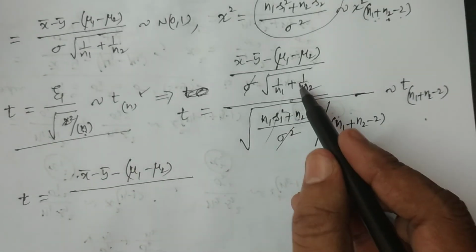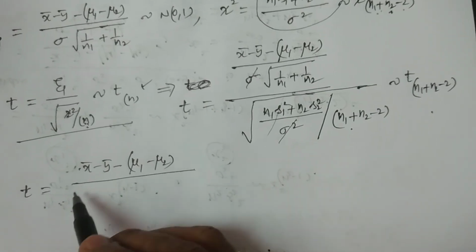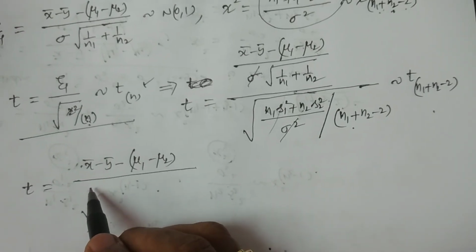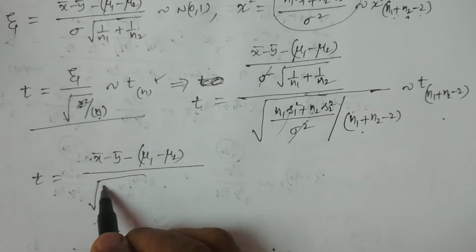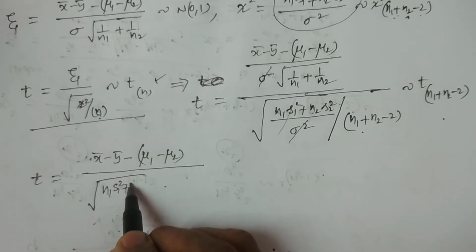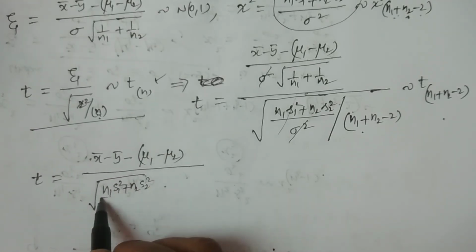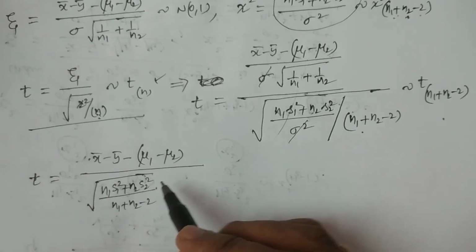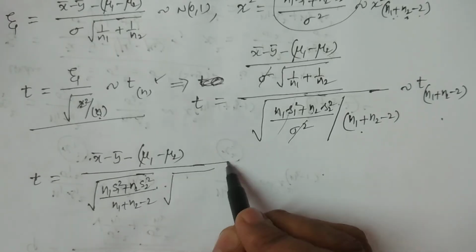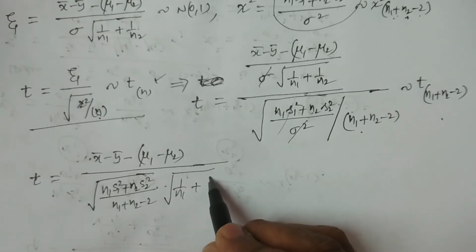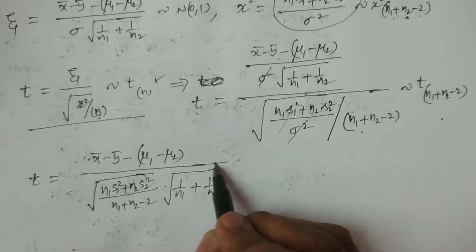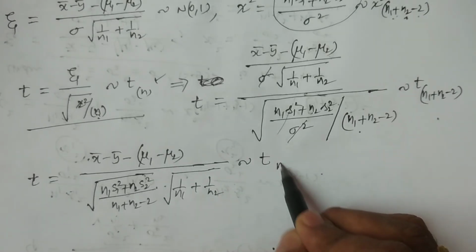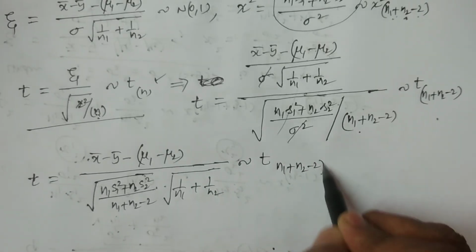I am considering a particular pattern: square root of n1 s1 square plus n2 s2 square divided by n1 plus n2 minus 2, that is one factor. Another one is square root of 1 by n1 plus 1 by n2. Clear? So this follows t with n1 plus n2 minus 2 degrees of freedom.